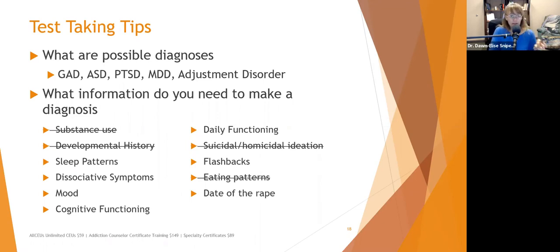You're going to get information about her mood, any dissociative symptoms, and her sleep patterns. Flashbacks is another thing you're going to ask about. The key word in that vignette is rape. When you hear rape, you're looking probably for acute stress or post-traumatic stress. So let's look for the symptoms of ASD or PTSD and figure out what's going on with this client.